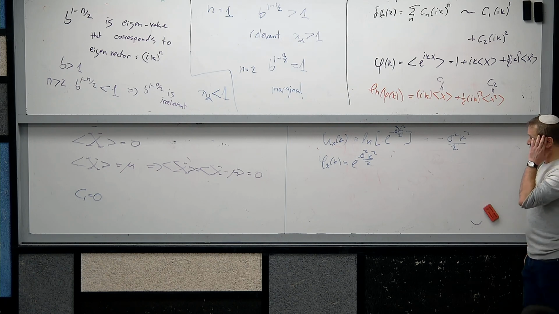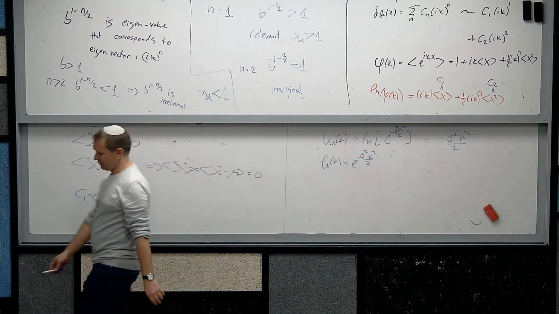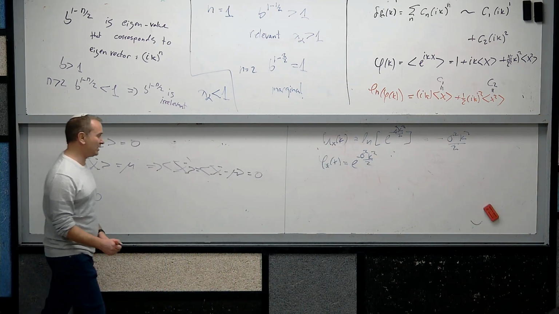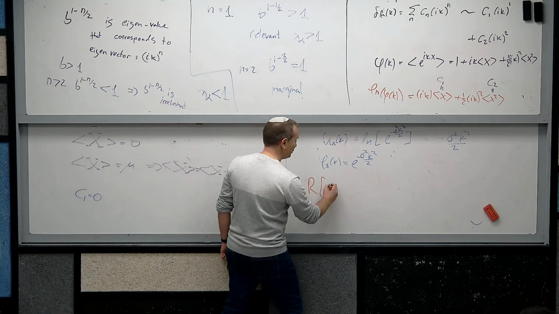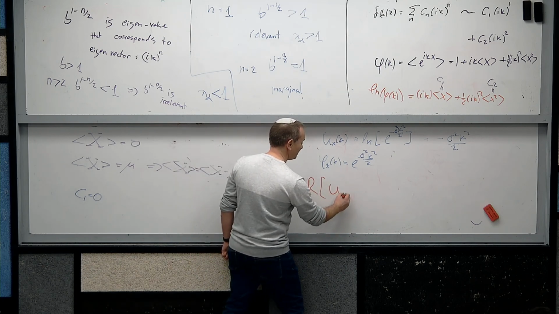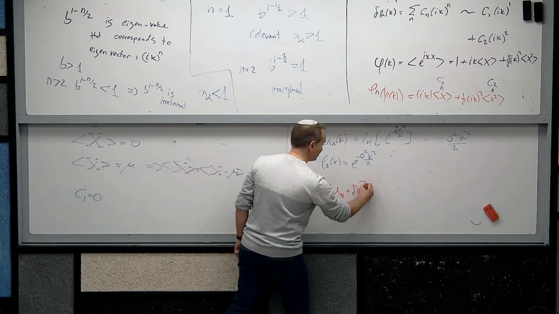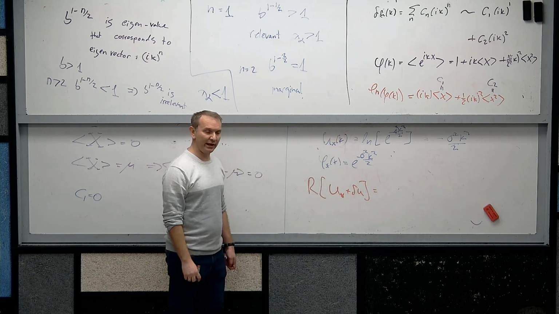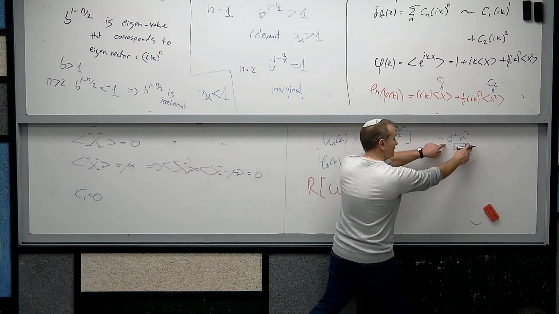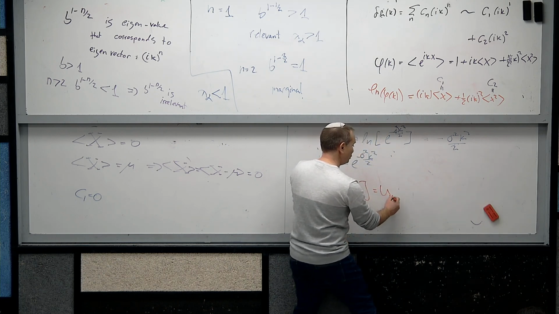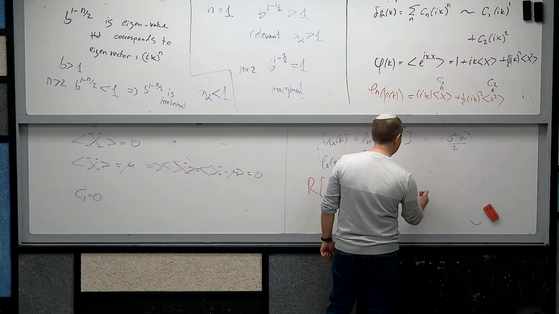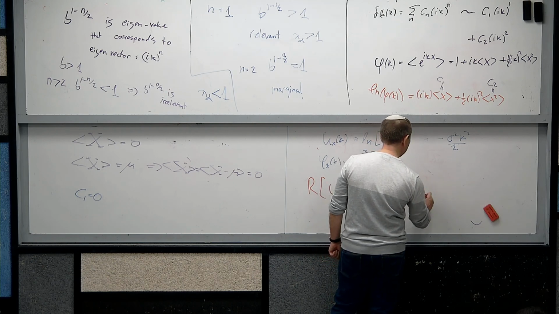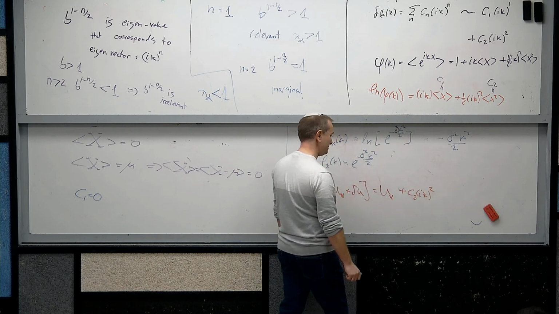So what do we know? We take R and apply it to u star plus some delta u. What we obtain is u star plus C2 i k squared.